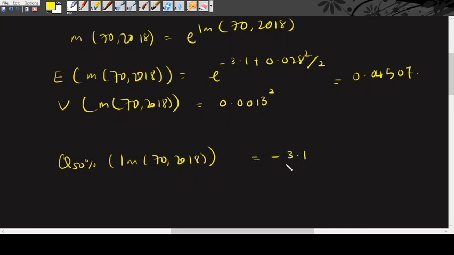From the expected value here, we can see that the average is negative 3.1. So this is the 50th percentile, because under the normal distribution, the value for Q50% is equal to 0, where mu equals 0.